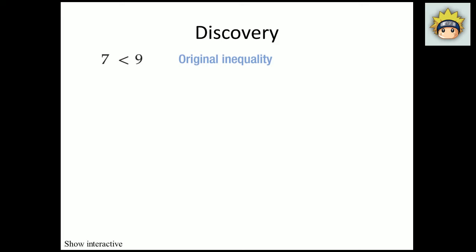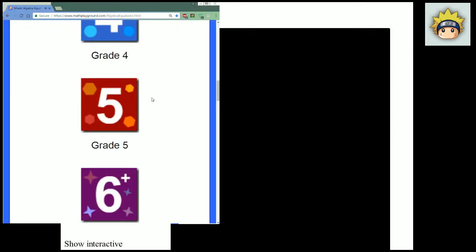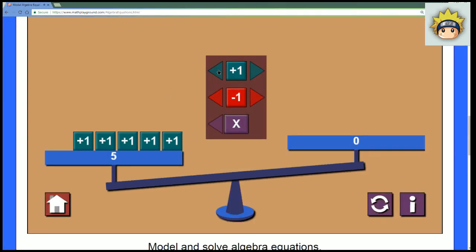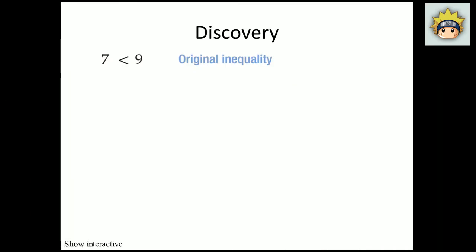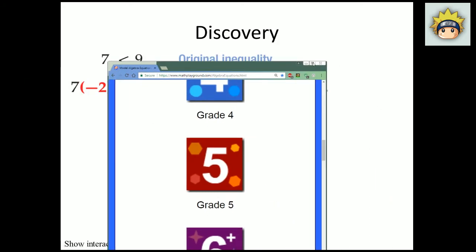Let's do 7 is less than 9. Let's multiply this by negative 2. 7 times negative 2 is negative 14.